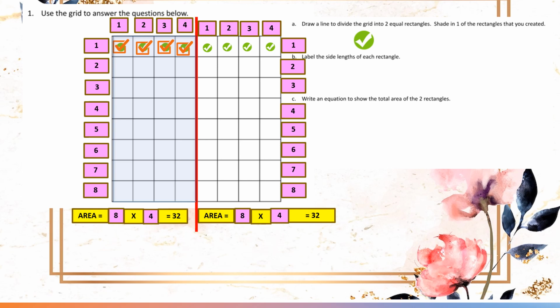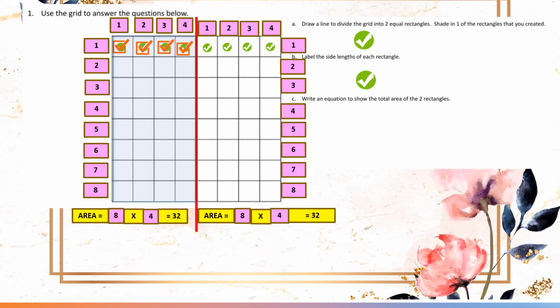So that means that if we go back and look at our instructions for letter B, label the side lengths of each rectangle, we've done that. So we're going to go ahead and put a little check mark there. Now let's look at the instructions for letter C. Letter C says to write an equation to show the total area of the two rectangles.